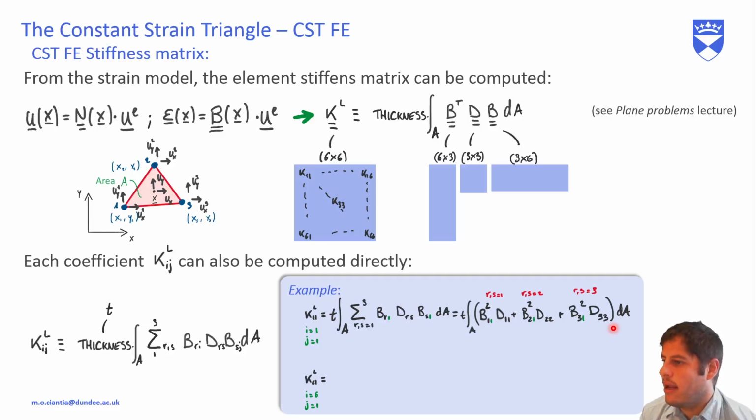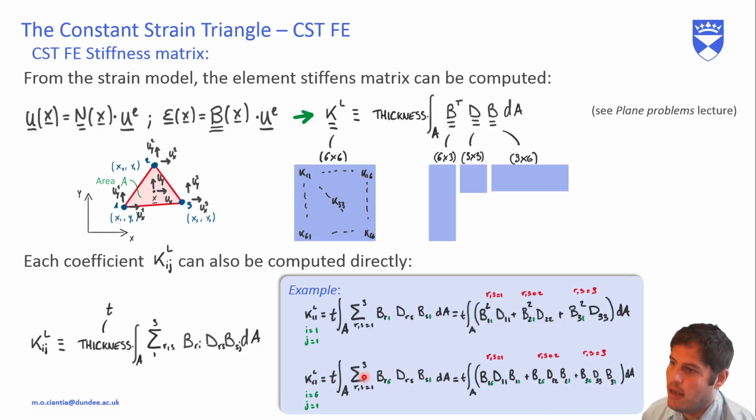Then K^e_61, so this term here, well, i is equal to 6, j is equal to 1, is the integral over the area of the sum of this multiplication for r, s that goes from 1 to 3. So what does this mean? Well, again, for r, s equal to 1, this is what you get.